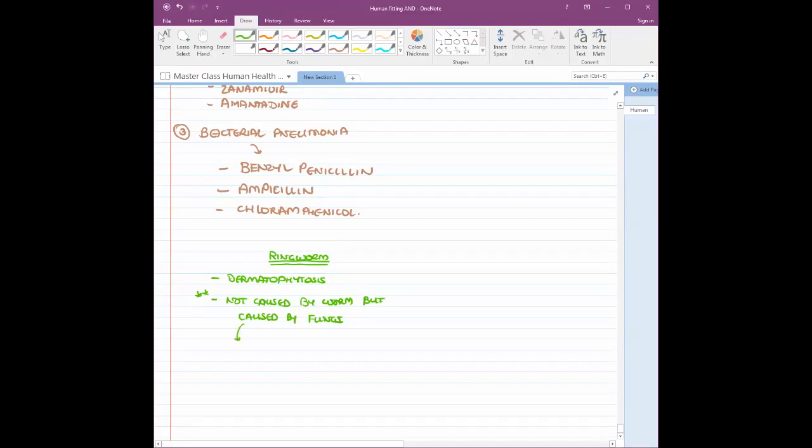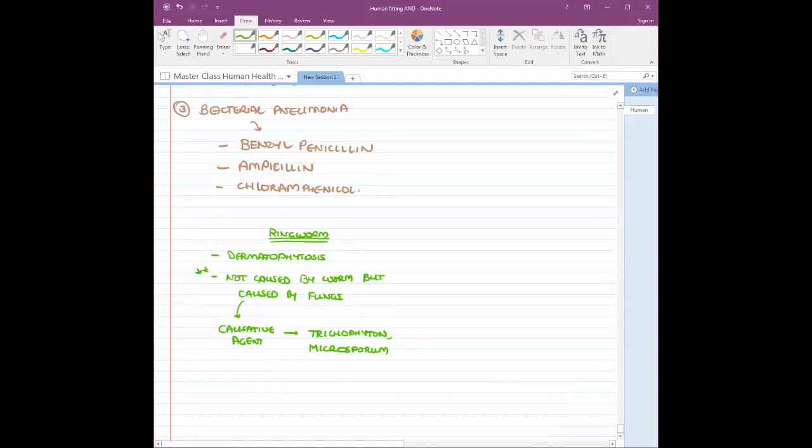And who is the causative agent over here? It is Trichophyton, or the second one, Microsporum.